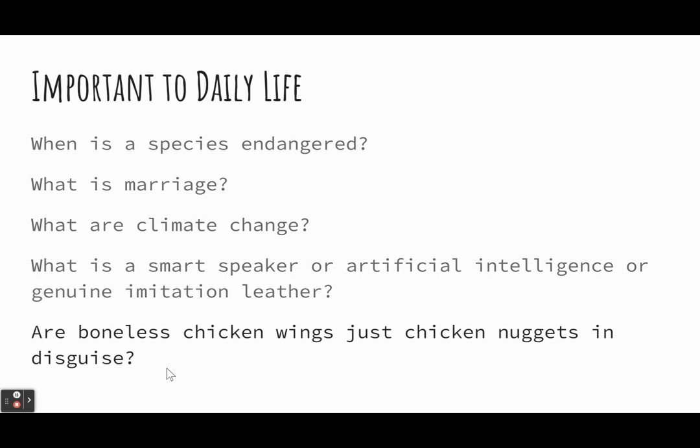Go figure. And just because I want to keep a theme running through this, at least for the first two slides, are boneless chicken wings just chicken nuggets in disguise? We have to define the boneless chicken wing. We have to define the chicken nugget. We have to define what these things are.